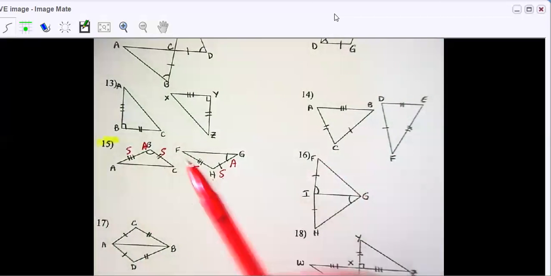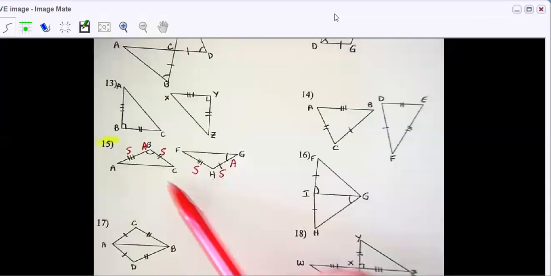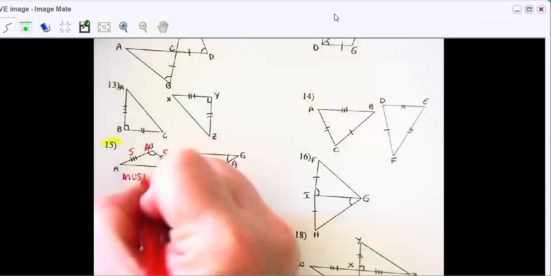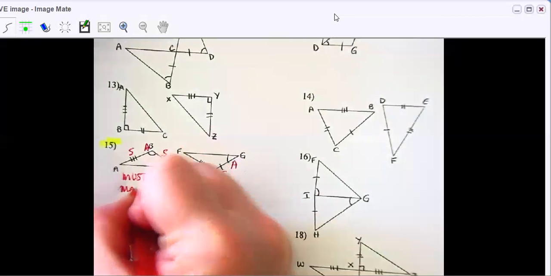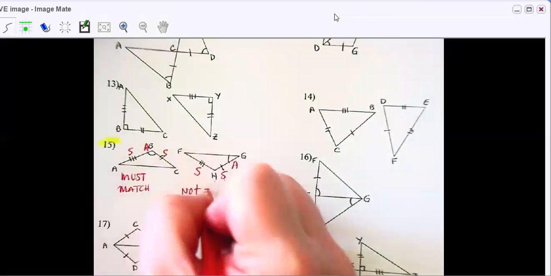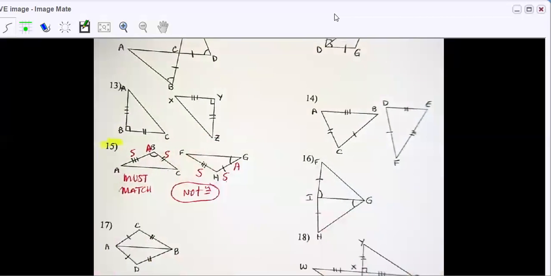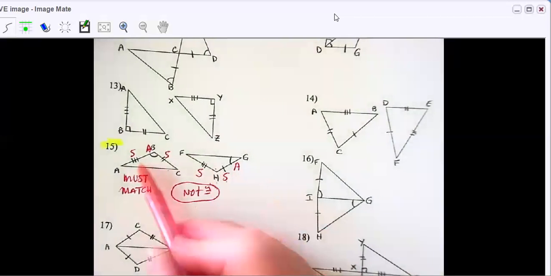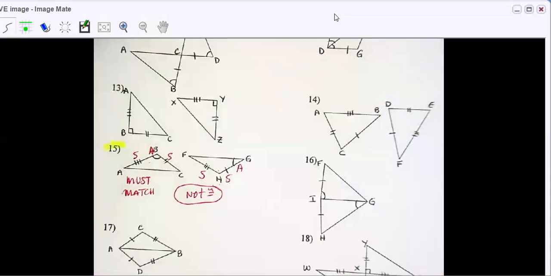However, if you're going to prove triangles are congruent, they must match. These must match, and they do not. So this is not congruent or not enough information. If we knew that H was congruent to angle B, then we'd be fine.